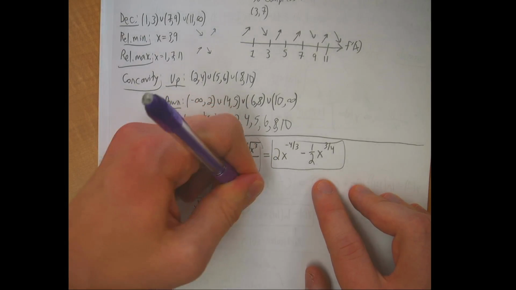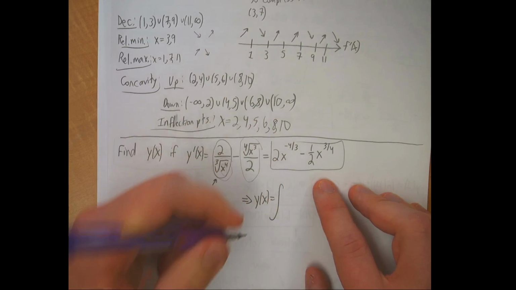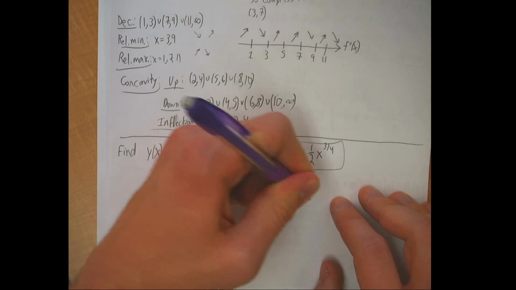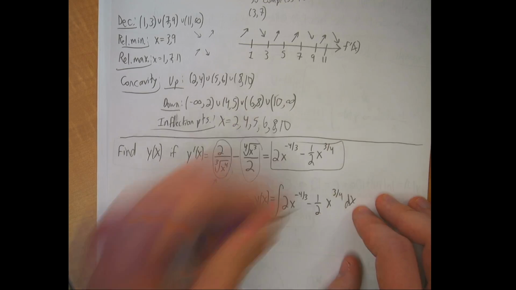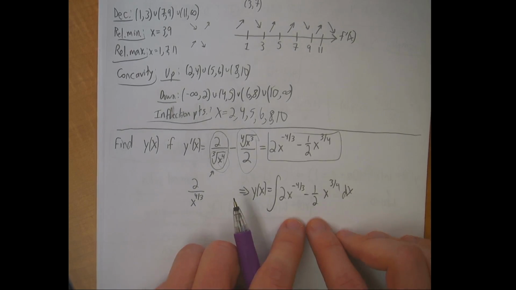So y of x is equal to the antiderivative of 2 times x to the negative 4/3 minus 1/2 times x to the 3/4 dx. Okay? So using this, how do we take the antiderivative of this?